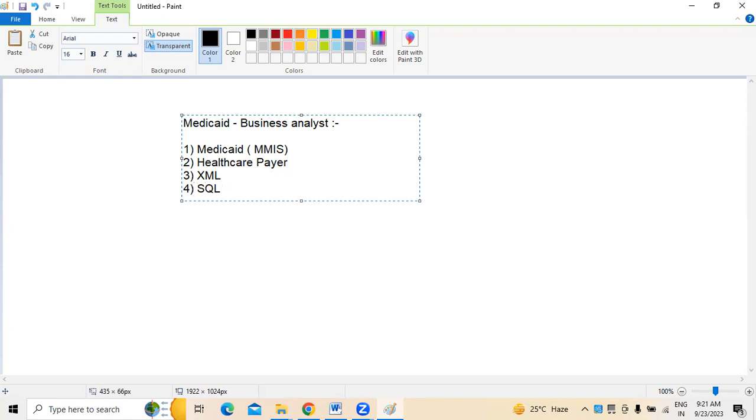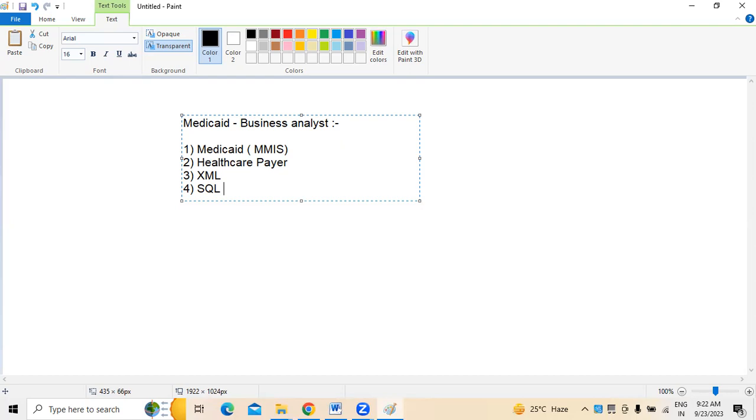Knowing about SQL, structured query language, how to write queries, because if you want to extract information from the data, how are we going to extract it? This has nothing to do with Medicaid BA separately, but in general, from a technical BA perspective, if someone wants to apply for job opportunities in the technicalities of business analyst, XML and SQL knowledge is needed.